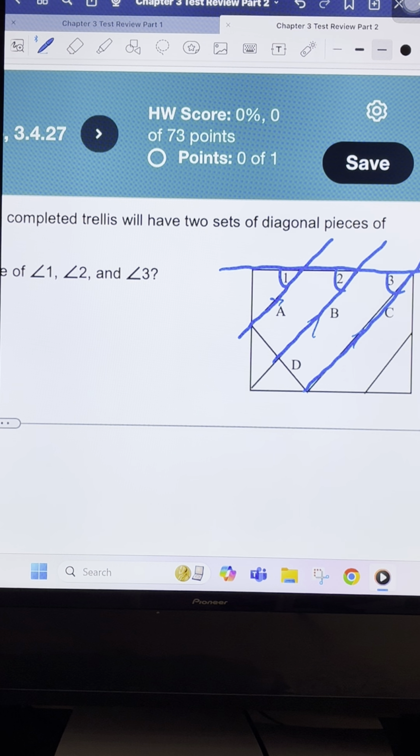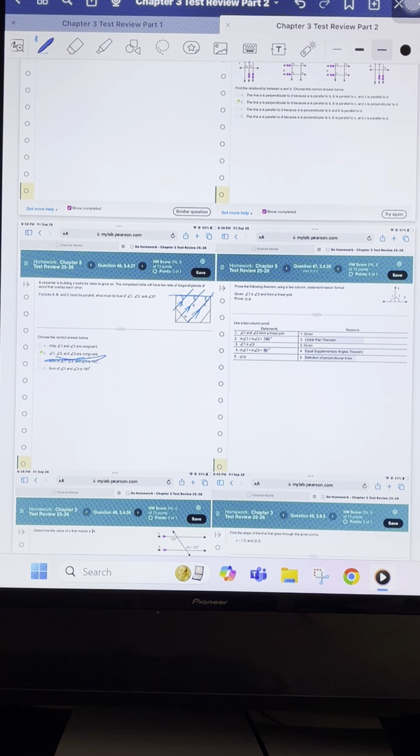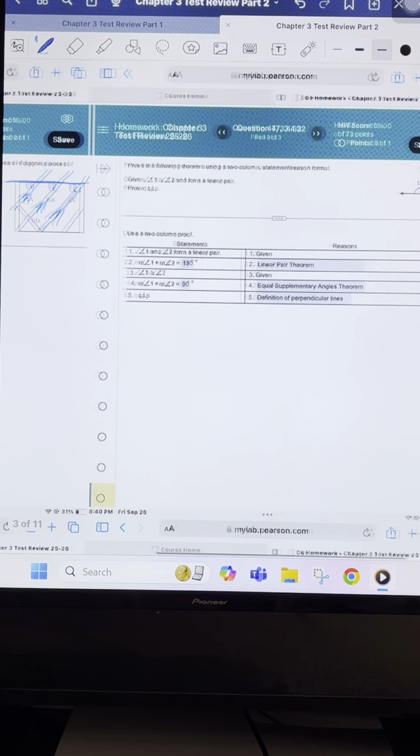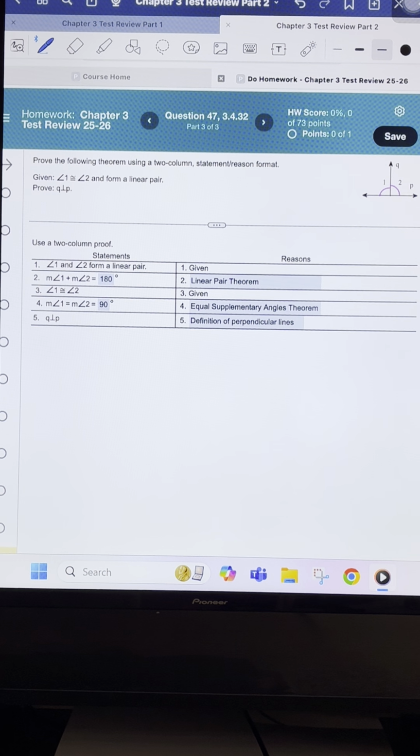If this was my transversal, these are all examples of what? These are corresponding angles. And what do we know about corresponding angles that lie on parallel lines? That they are congruent. So 1, 2, and 3 are congruent right here, B. Okay.